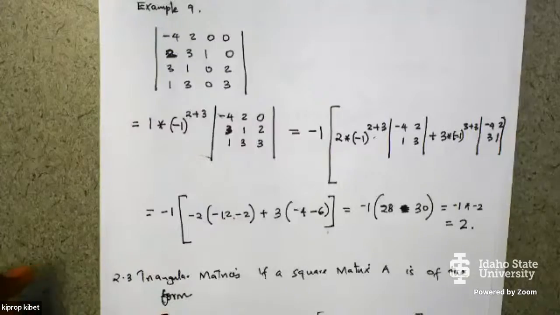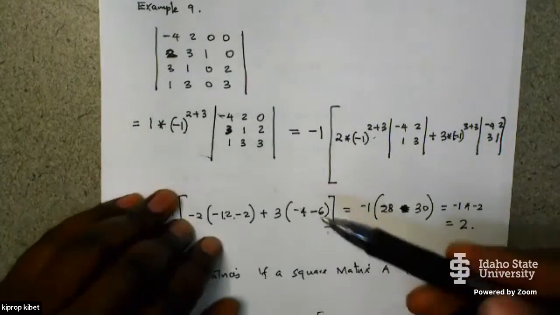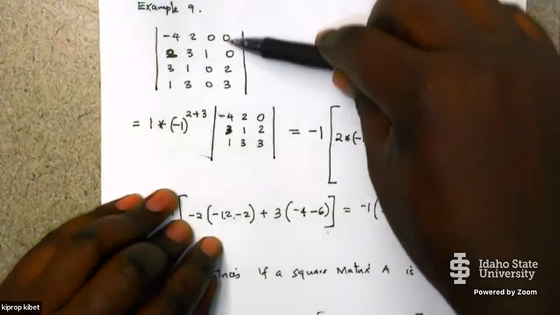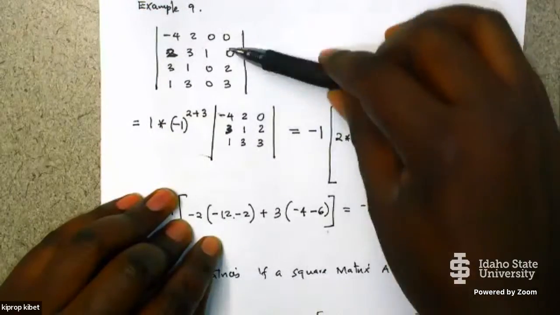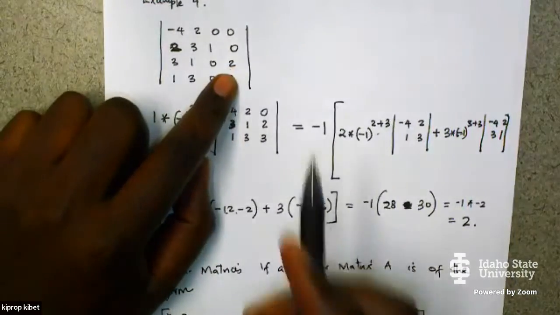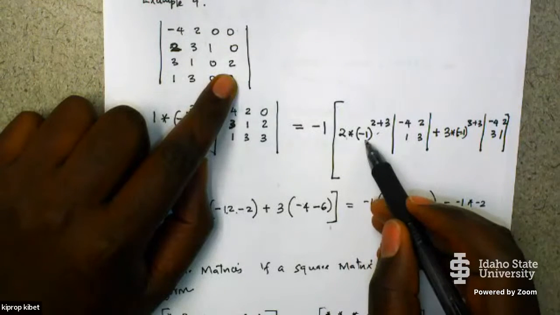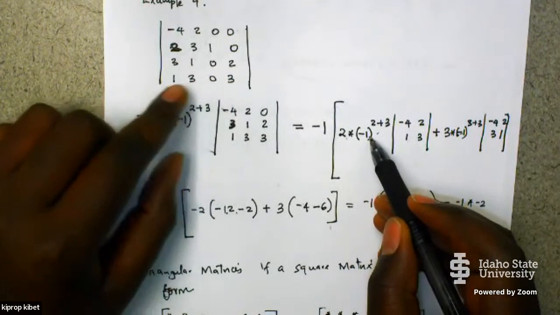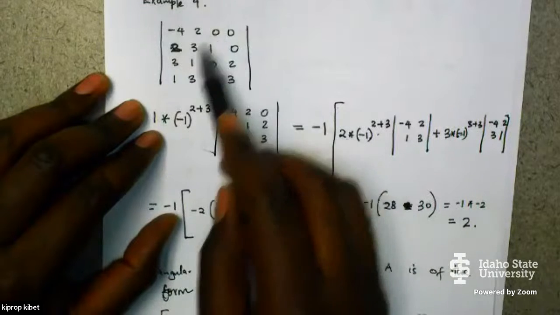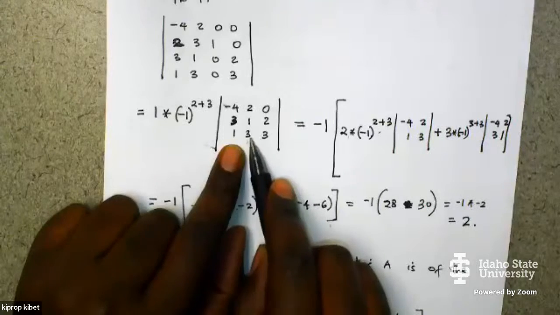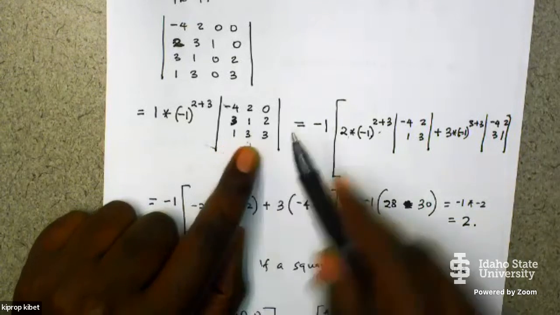Okay. So we are deleting this. You see, right? We are deleting this one, so it is 2. So 2 multiplied by -1. Are we on the 3 by 3 matrix? Yeah. So we are using this.